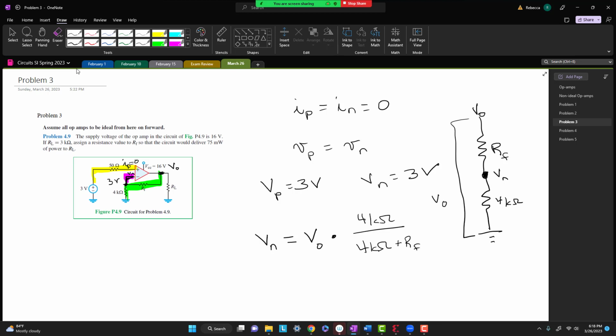And I believe it's RF that we're looking for. Yes, we're looking for RF. We're trying to find RF so that the current would deliver 75 milliwatts of power to RL. Okay, so we know VN has to be 3. So 3 has to equal V out times 4 kiloohms over 4 kiloohms plus RF.